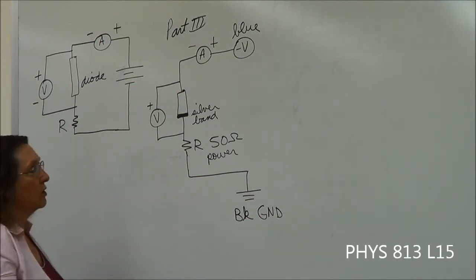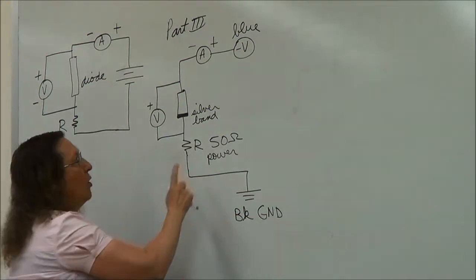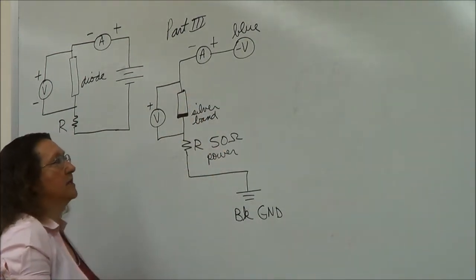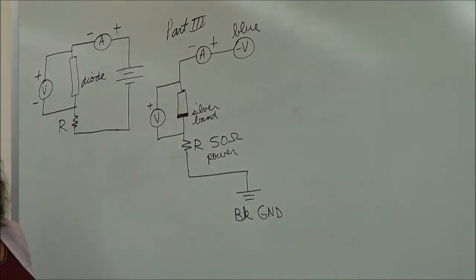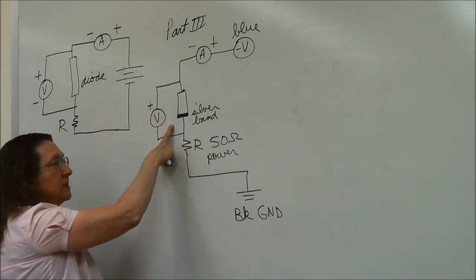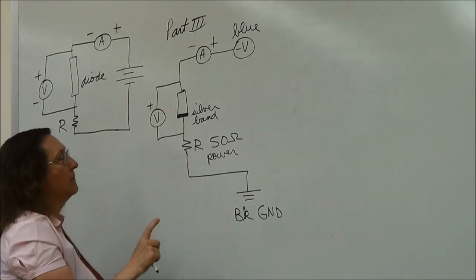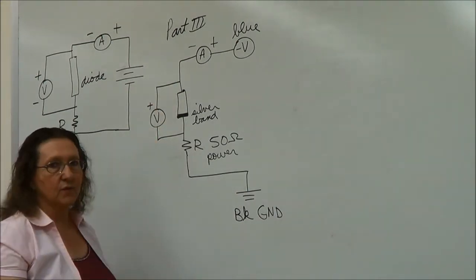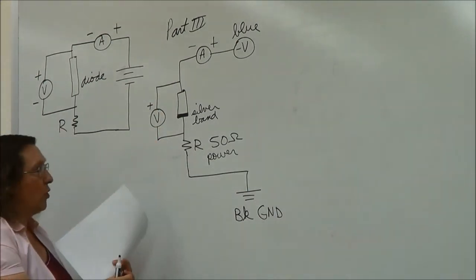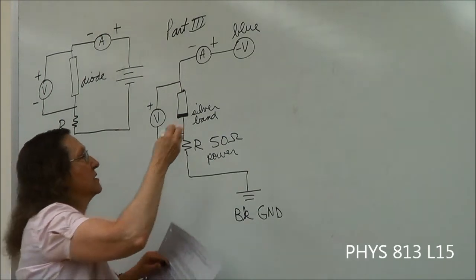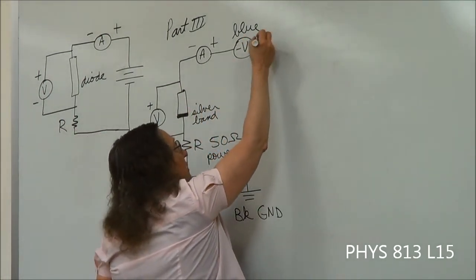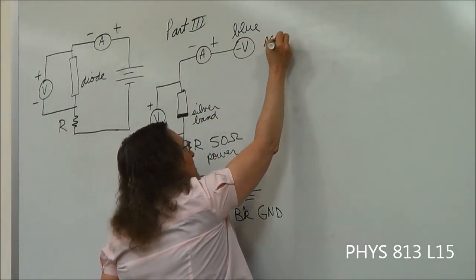Now, for forward bias, you should go ahead and redraw this exactly as it is. Leave the diode where it is. Don't turn it around. Don't turn anything else around. But for the, oh, I know how to do this. For this is reverse bias.